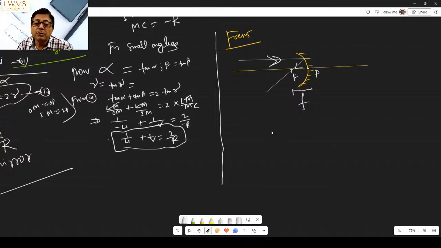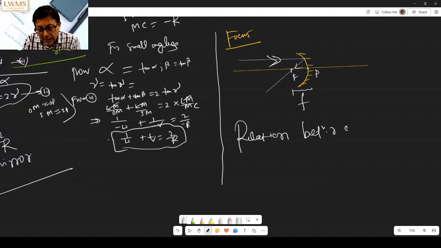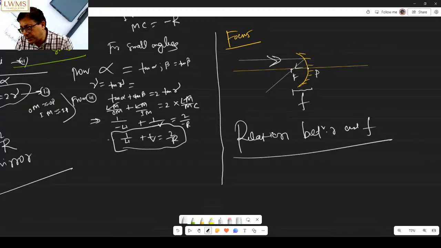Now how can I relate R and f? What is the relation between R and f? See, very interesting. Rays coming parallel means they are coming from infinity.